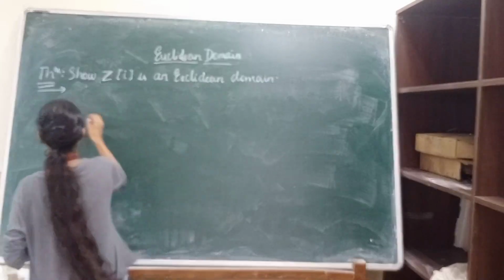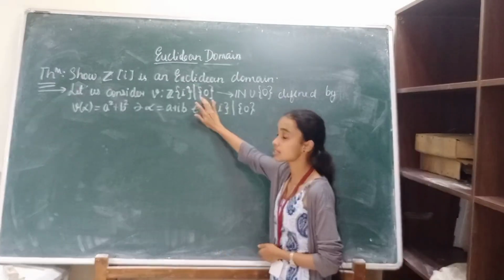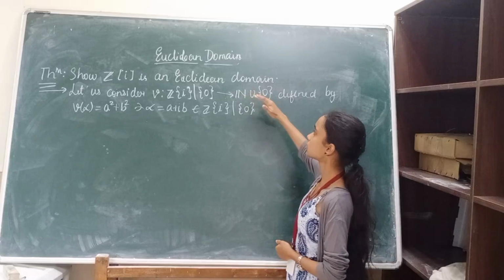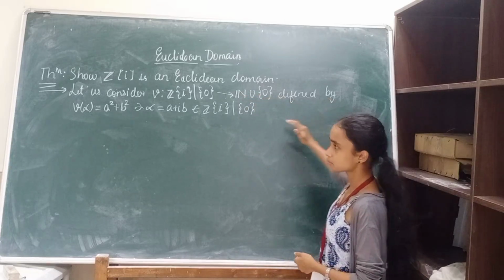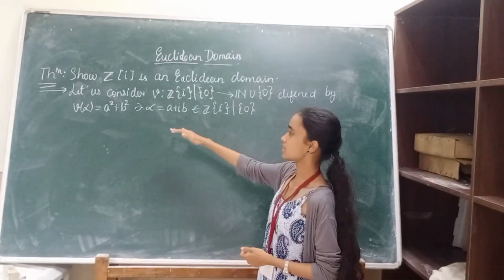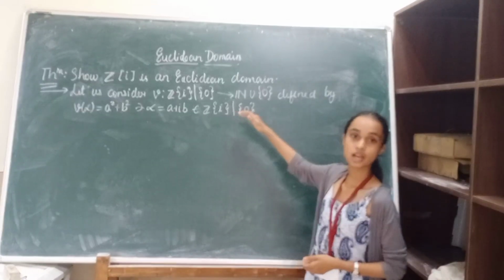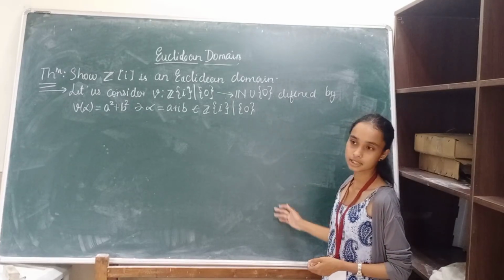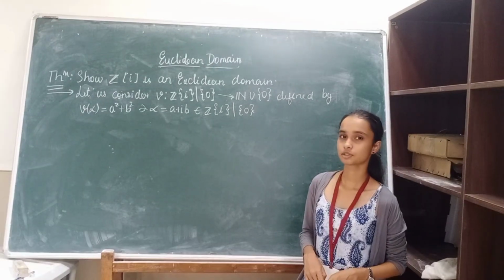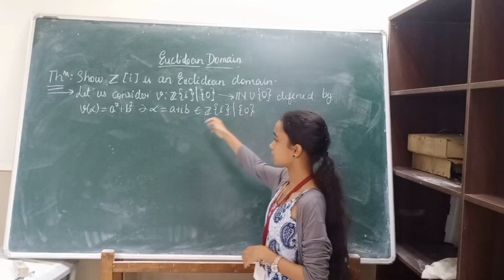So we'll define it. Now let V from the Gaussian ring minus the singleton 0 set to the natural numbers union 0 be defined by V(alpha) equal to A square plus B square, such that alpha equal to A plus iota B belongs to Z[i] minus the singleton 0. Just take two elements from the domain.